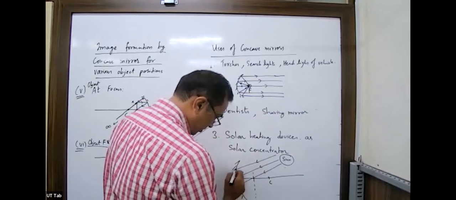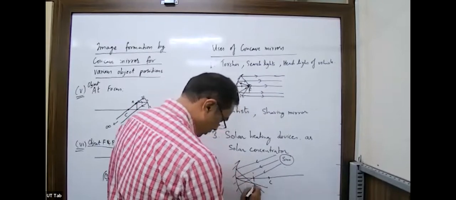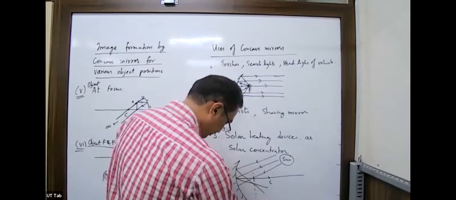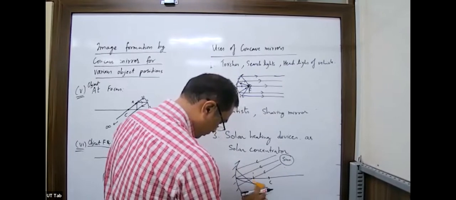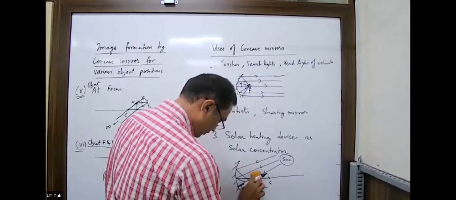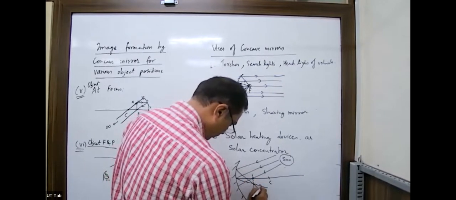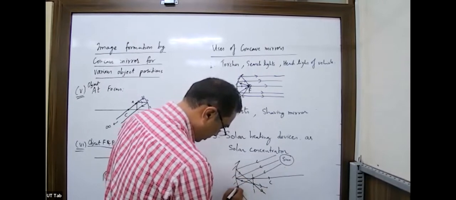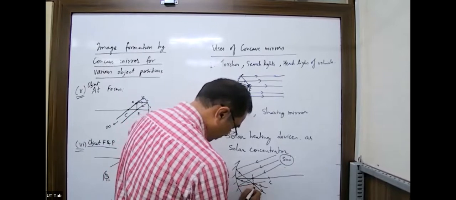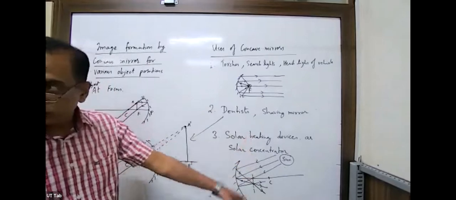All this light will basically meet somewhere on the focal plane. The third one also will travel like this, so in the focal plane somewhere.